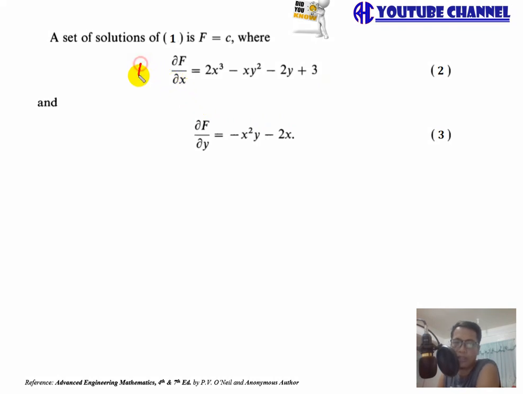Yung M na yan, equal siya sa the first derivative of function f with respect to x. Ito. So, para makuha natin yung f, function of f, kailangan natin i-integrate both sides.